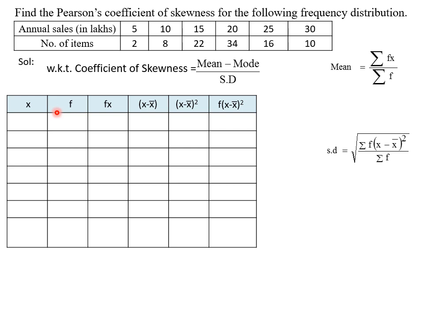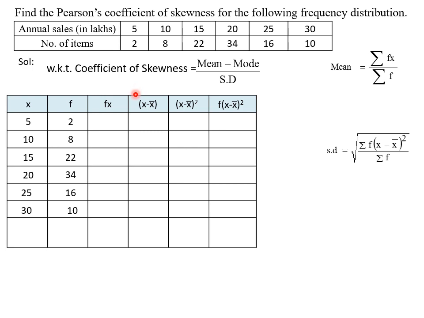Next we will write the values of x one by one: 5, then 10, then 15, then 20, then 25, then 30. Next we write the frequencies one by one: 2, 8, 22, then 34, then 16, then 10.